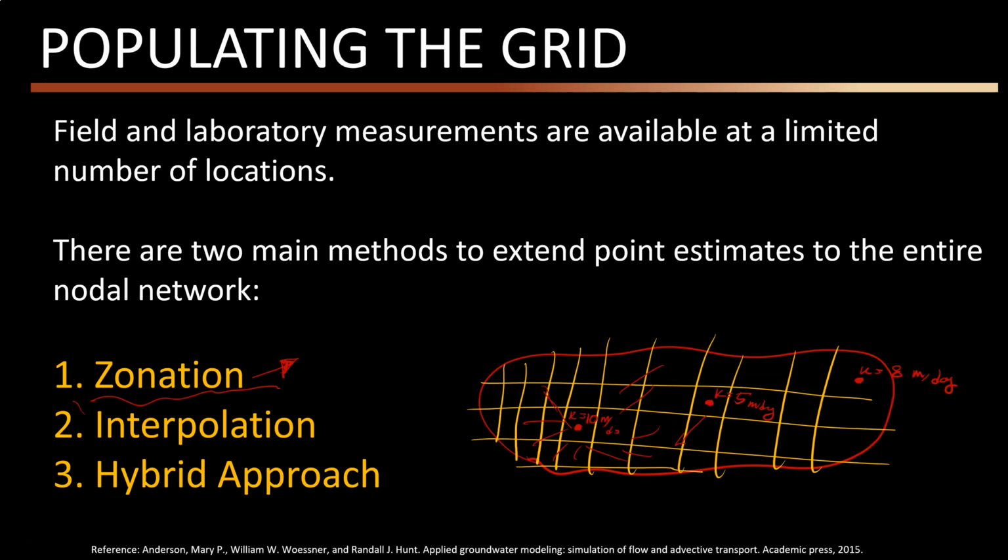The other approach is interpolation. Technically, we use an interpolation calculation and assign proper values to these cells. And the other one is the hybrid approach, which is nothing but the combination of these two. In some areas we use zonation, in some areas we use interpolation. So this is all called a hybrid approach.